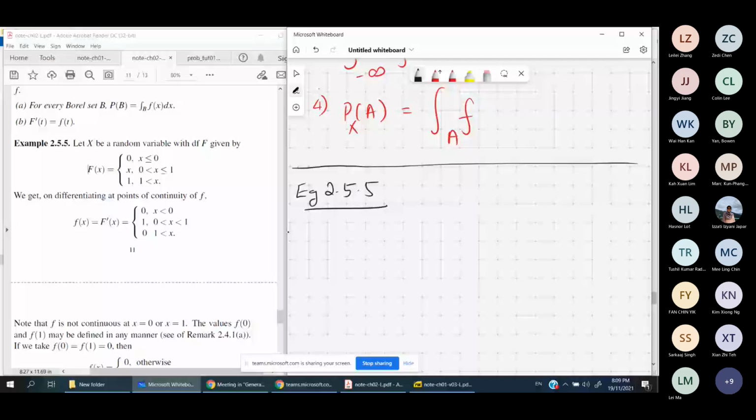So our function F is given like that. Maybe I put it here. F of x is equal to 0 when x is less than 0, and x when x is between 0 and 1.